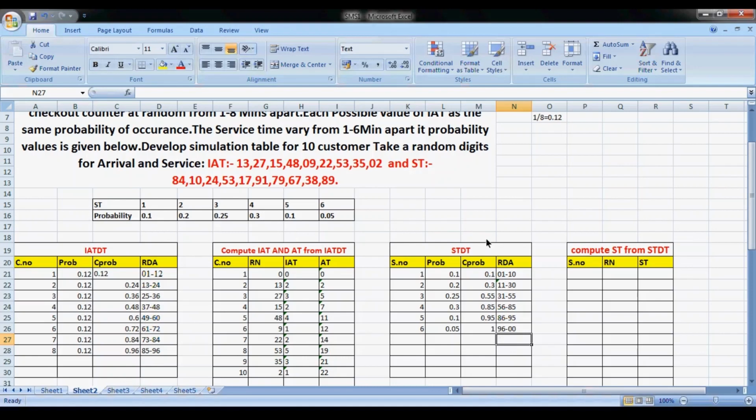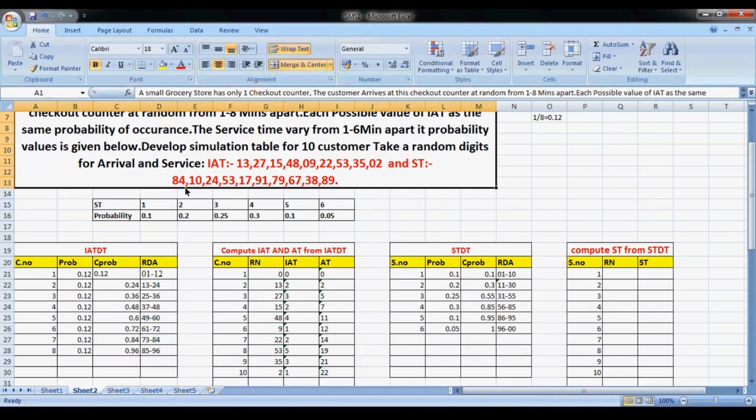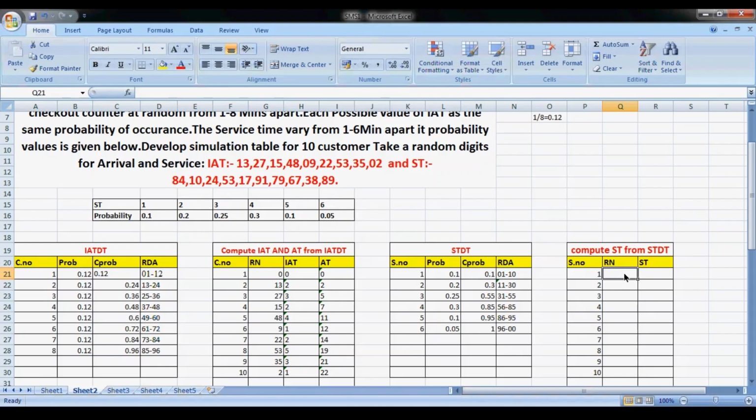Next, we need to find out the service time from the service time distribution table. Because we are developing a simulation for 10 customers, write down service numbers 1, 2, 3, 4, 5, 6, 7, 8, 9, 10, and its random numbers are given in the question. The random numbers are 84, 10, 24, 53, 17, 91, 79, 67, 38, 89. The random number for service time always begins from the first service number, whereas the random number for the inter-arrival time for the first customer is always a dash.